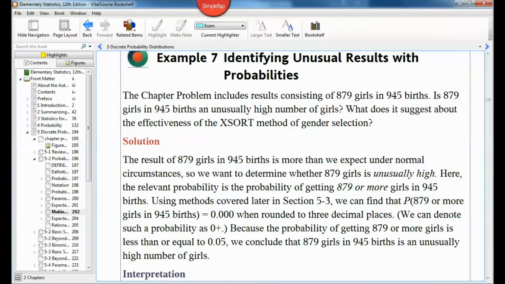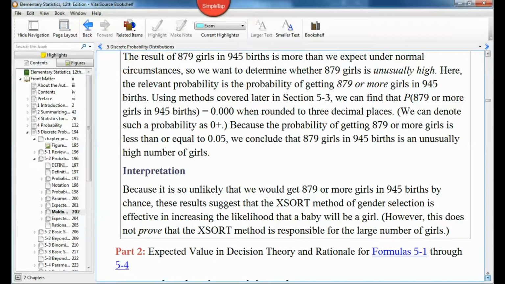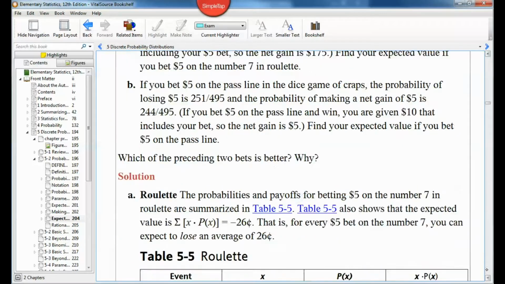That just means it's really close to 0. And so a probability really close to 0 would be less than 0.05. And since it's less than 0.05, then we'd say that it will be unusual.